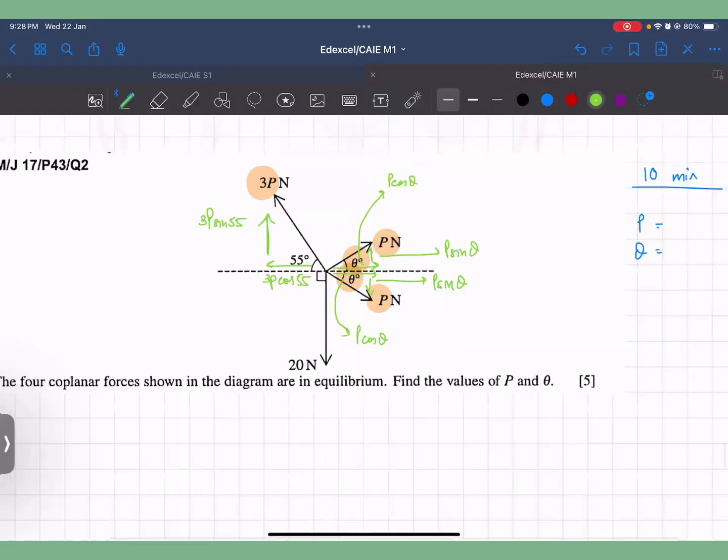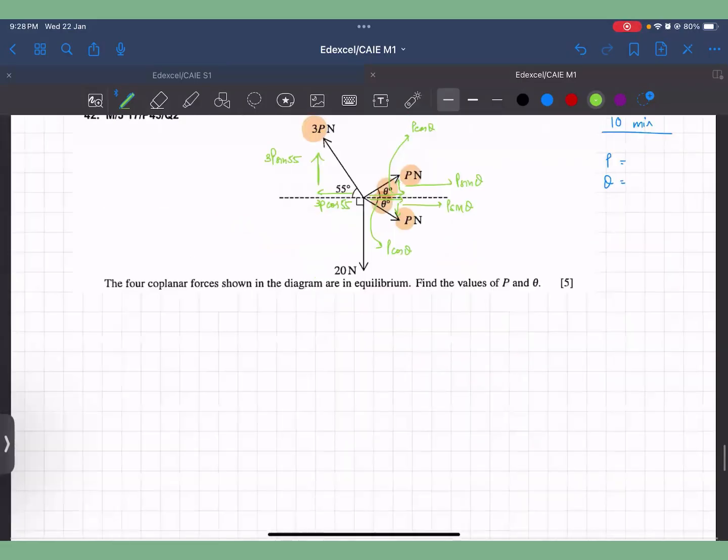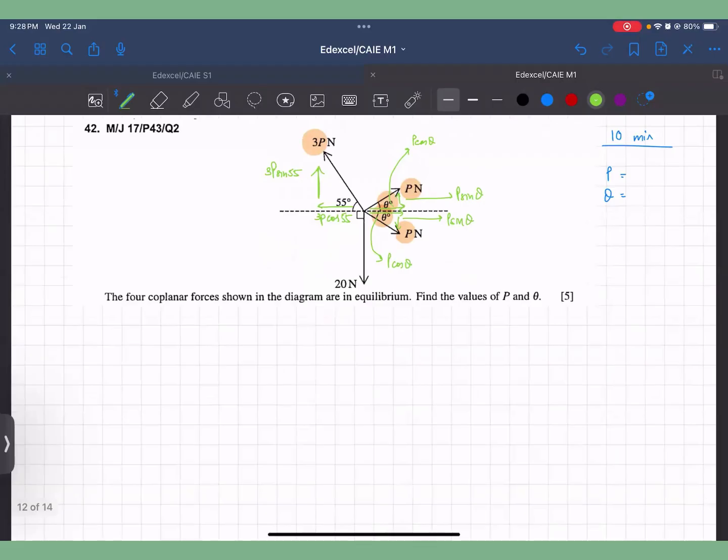So let's see. If you form the equations horizontally, you have 2 forces to the right side, P sine theta and P sine theta. So this becomes 2P sine theta. Sorry, this is cos: 2P cos theta on one side, and 3P cos 55 on the other.